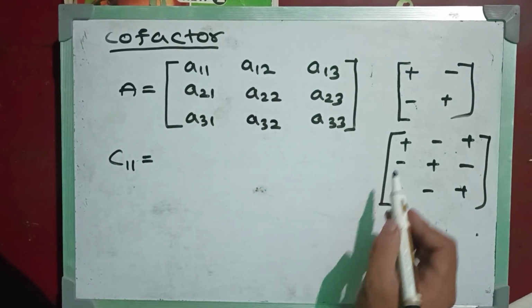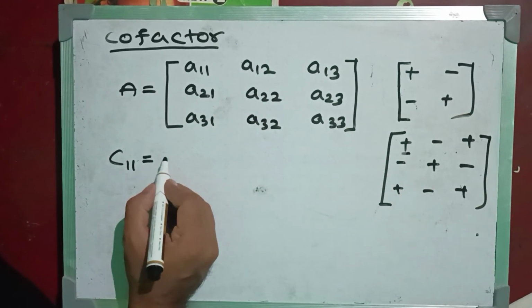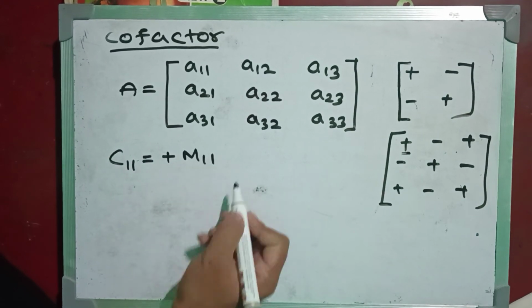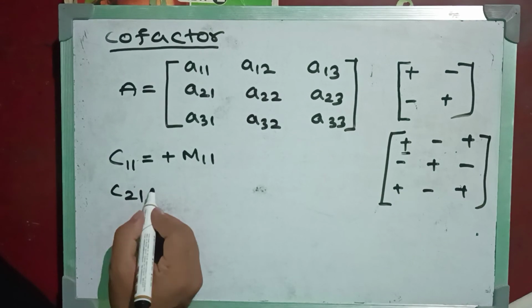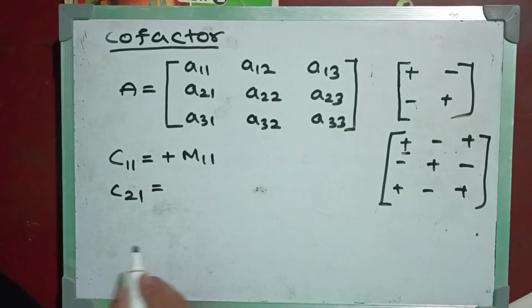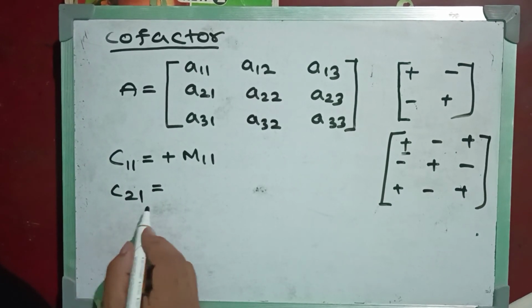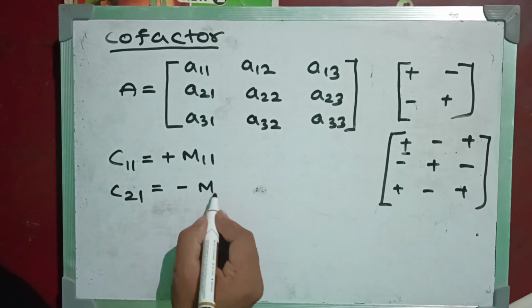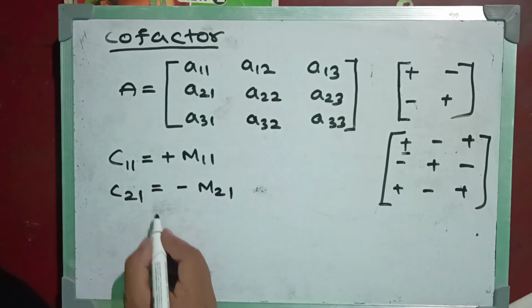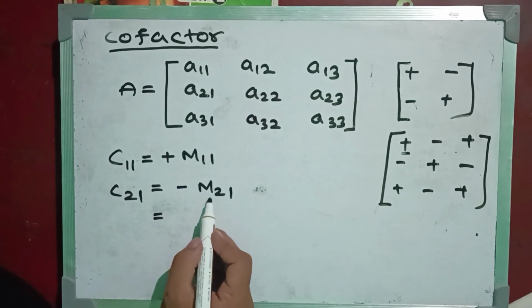So in a 3 cross 3 matrix, the first is plus, that means plus M11. If they want to find the cofactor C21, it will be minus of M21. Now we know M21. What is M21?